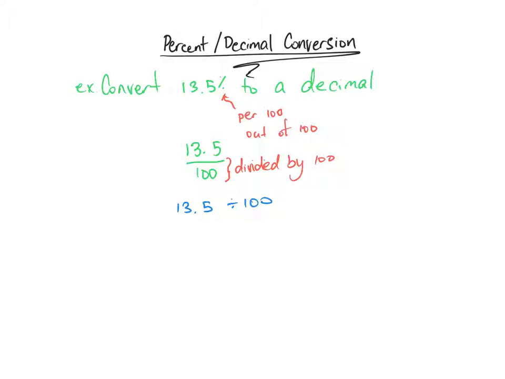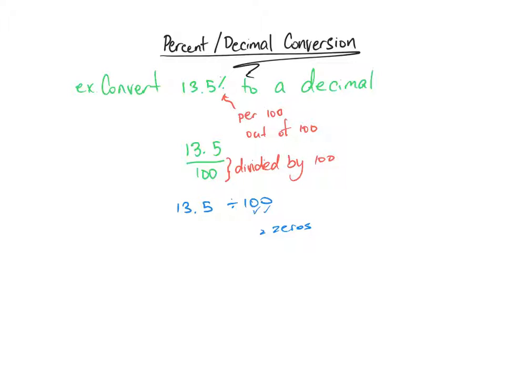It's actually pretty easy if you remember that when you divide by any power of 10, you just move the decimal place by the number of zeros there are. In this case, there are 2 zeros. And with 100, there are always 2 zeros. So you're always going to move that decimal point 2 places to the left when you're dividing.